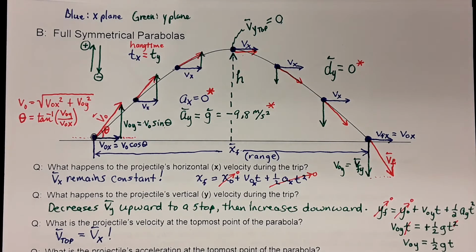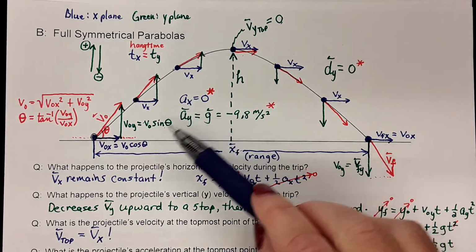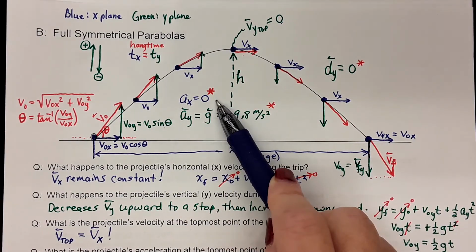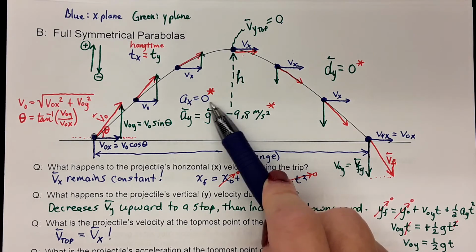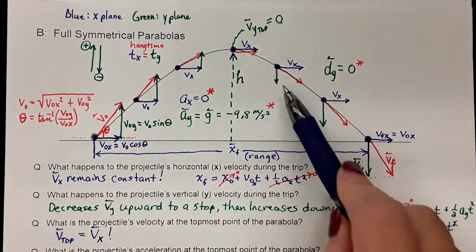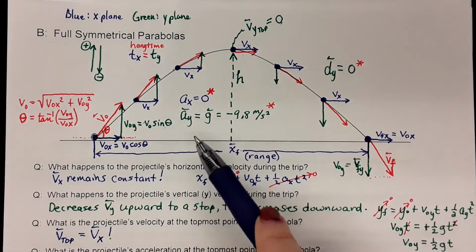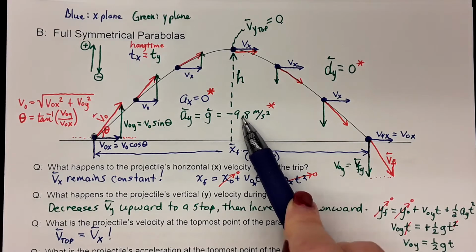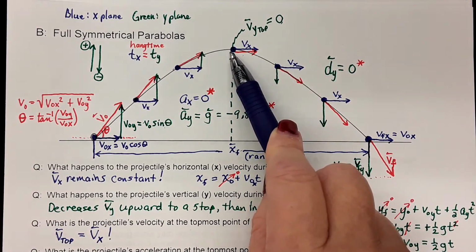Now look, what is the projectile's acceleration at the topmost point of the parabola? Well, let's think about this. We said the horizontal motion stays constant because there is no horizontal acceleration. We said the vertical motion changes on the way up and on the way down uniformly by this increment. Does this increment ever change just because you're at the top point? No, it doesn't.